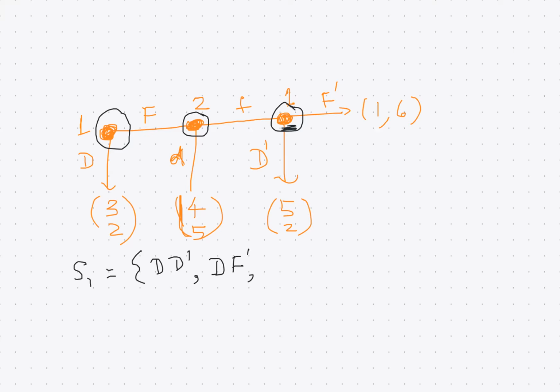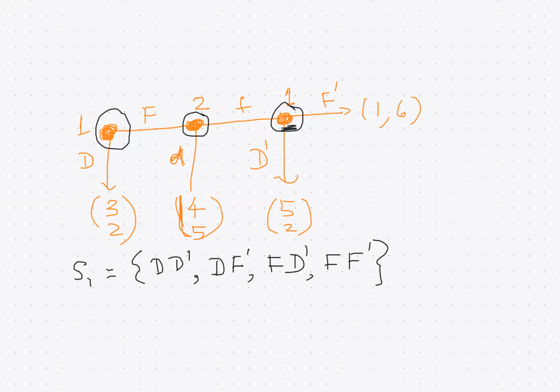And player one can always move forward at the initial node, and then he says at the last node, he's going to move down. Or he can move forward and forward again. So there are 4 strategies for player one to play the game.